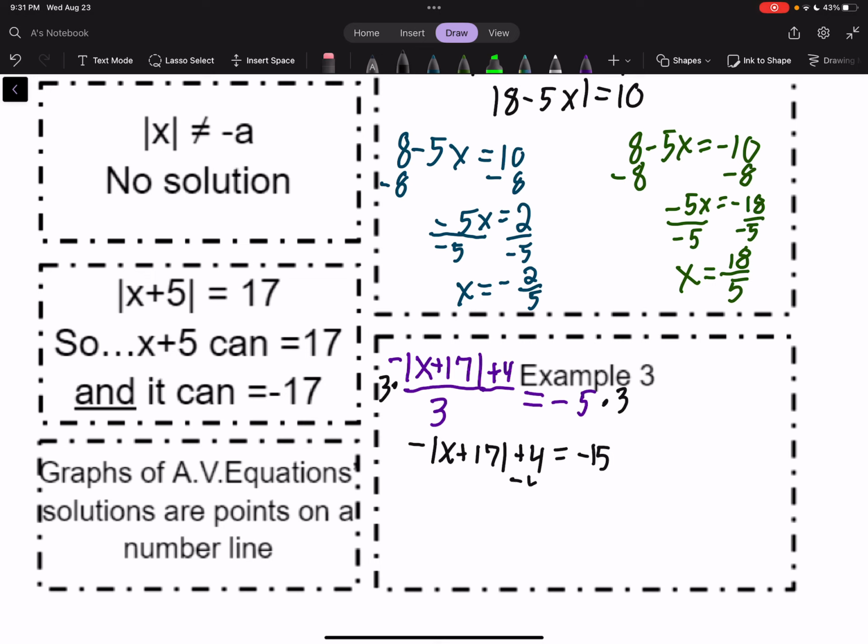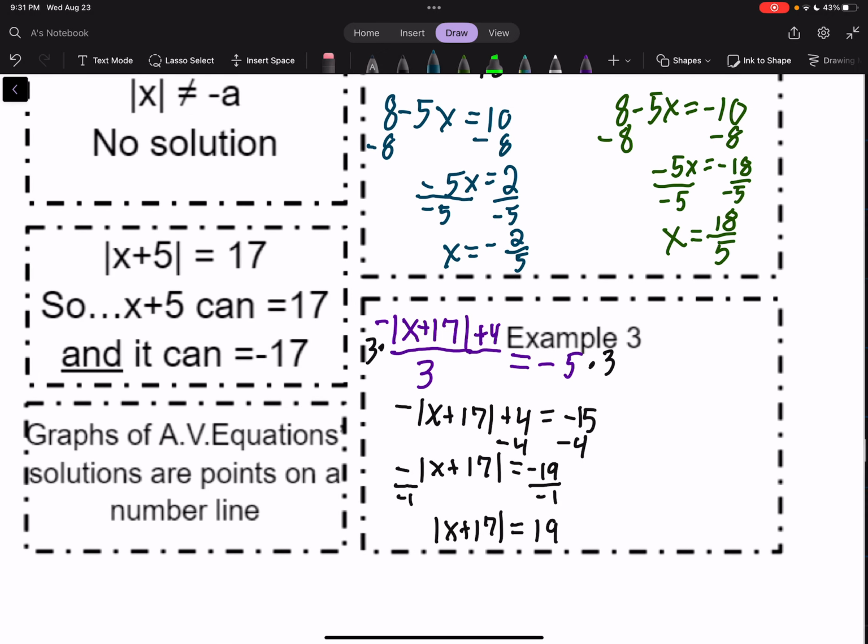We're going to subtract 4 from both sides. And this is going to leave us negative absolute value of x plus 17 is equal to negative 19. Divide by that negative 1. And we are going to get the absolute value of x plus 17 is equal to positive 19.